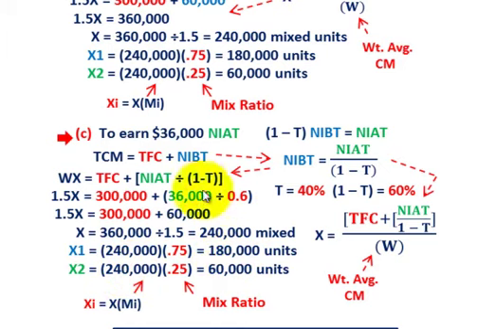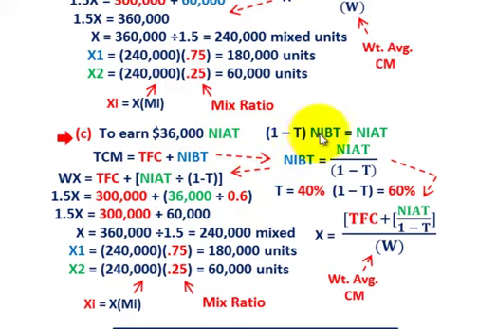So to earn 36,000 of net income after taxes, we just had to determine the total number of mixed units, and then allocate it based on the mix ratio between x1 and x2. But the key point is that you have to understand the relation between your net income before taxes and your net income after taxes.